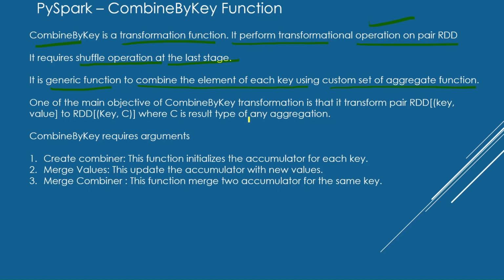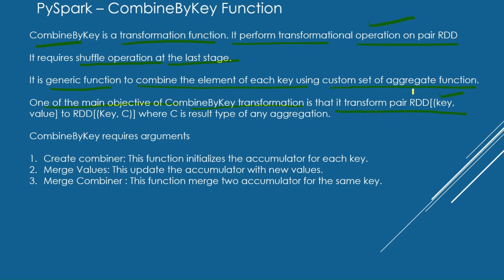You can do any kind of aggregate function if you want to perform on the key which is present in a set of records. One of the main objectives of the combineByKey function is the transformation, which we have already discussed, and it transforms the pair RDD.